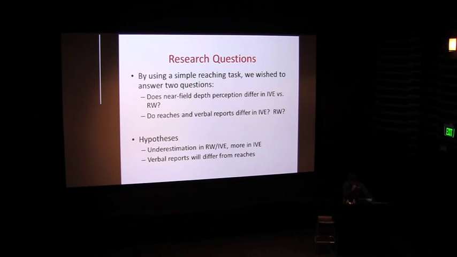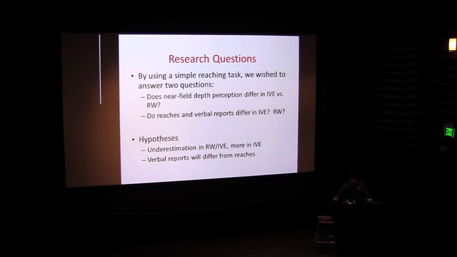And our hypothesis: one thing that my collaborator noticed in his prior work on near-field depth perception in the real world is that there was underestimation, even in the real-world condition. But we don't see that in action space. Perceptual judgments in the medium field, beyond near field, at least in the work that's been done in the real world previously, all seem to show that perceptual judgments are very close to veridical.